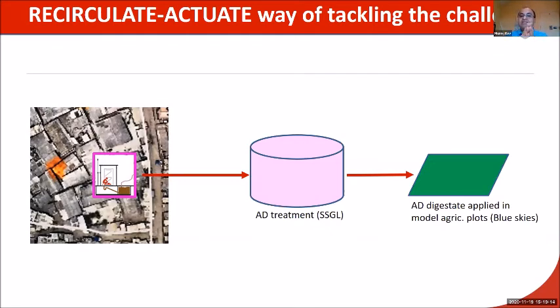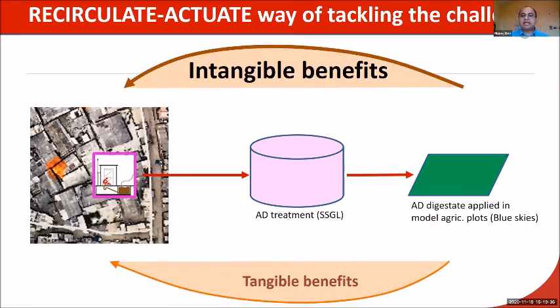Rather, we're making it entirely visible, meaning that we'll take the toilet material from those study areas and take it to SGL. We'll do the digestion, measure the energy output, and then take the digestate to the agricultural plot, and again measure the contribution in the agricultural piloting. So what does it then give us?